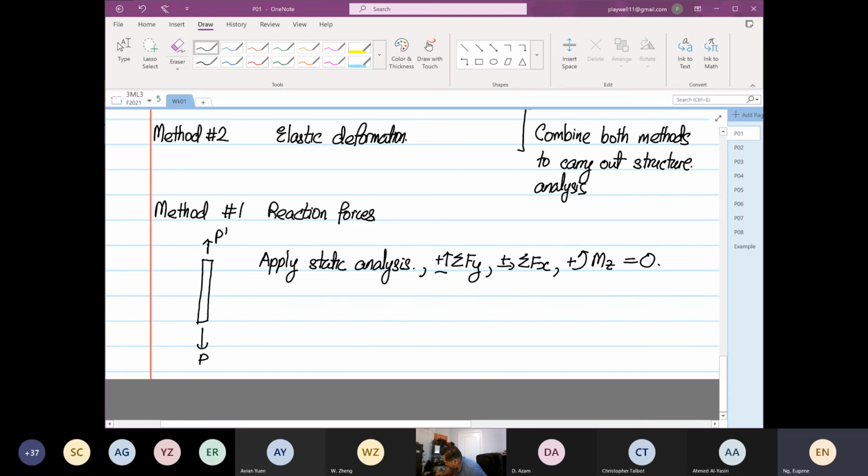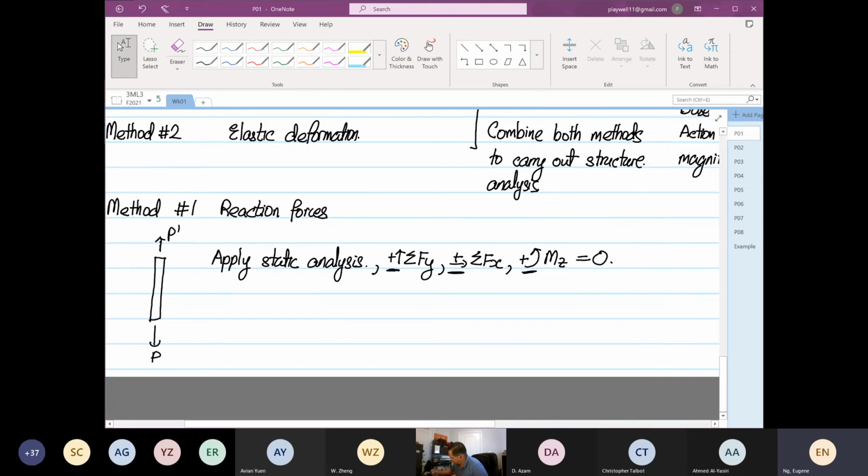What you see over here is that the forces in the y direction going up are positive, the forces in the x direction going towards the right are positive, and the moment about the z in the counterclockwise direction is positive. Okay, so you apply static analysis to find reaction forces.